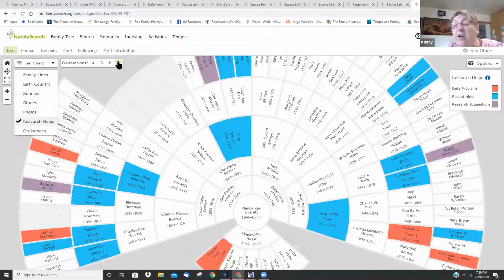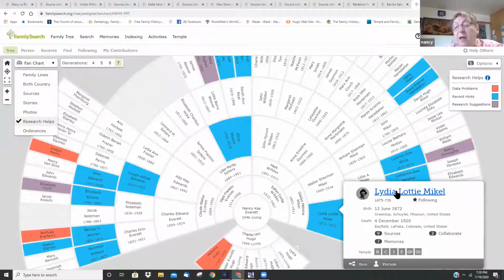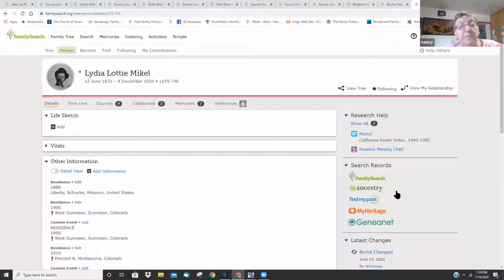The list that I had earlier showed me anybody anywhere in my ancestry. But usually I'm going to care more about people that are closer to me. So I like this method. Another method that I could choose is I could just look up specific people in my family history, in this case, my great-grandmother.